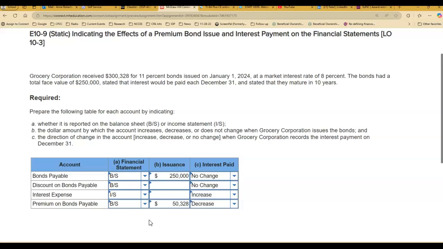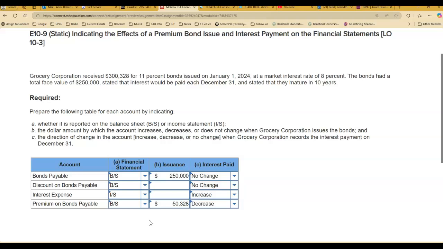Then you've got discount on bonds payable, which you would find on the balance sheet. In this particular case, there isn't a discount. Again, they're testing you to see if you really understood what you were reading up there. There is no discount, and when we make the interest payment, there is no change because there is no discount.